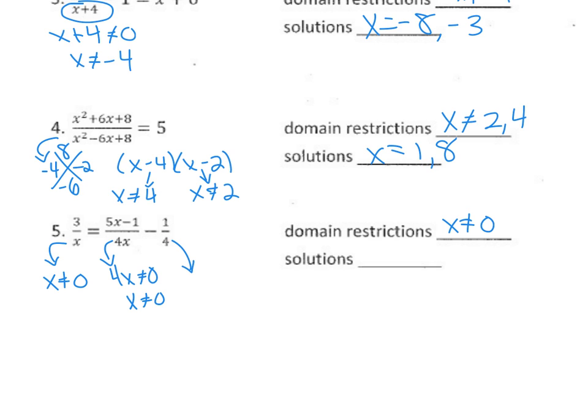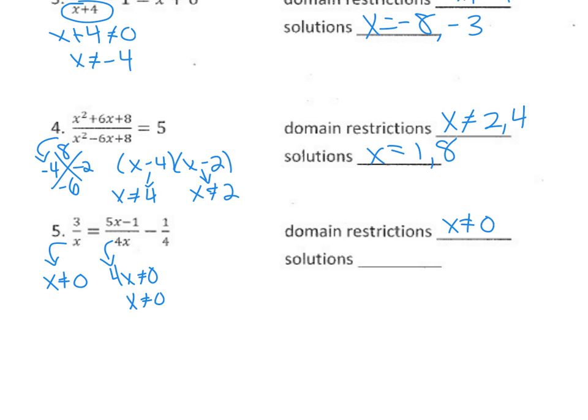And then there's another denominator, but it's just a number. You're not plugging anything in. So if you try and say 4 does not equal 0, you are absolutely correct. And that'll always be true. So there's no domain restriction from just a normal number. Don't overthink it. If there's an x in the bottom, then you take that and make a domain restriction. Just normal numbers are just there as distractors, essentially.